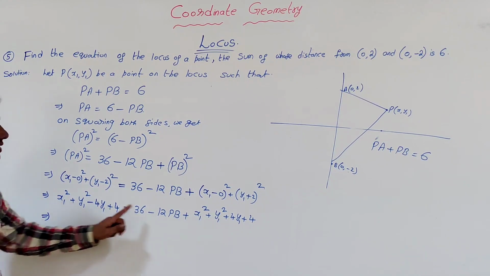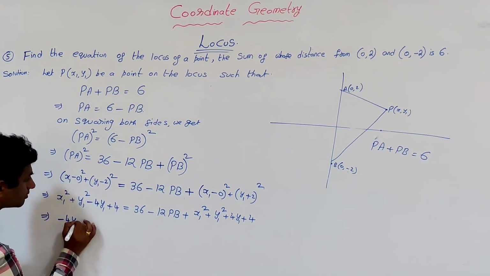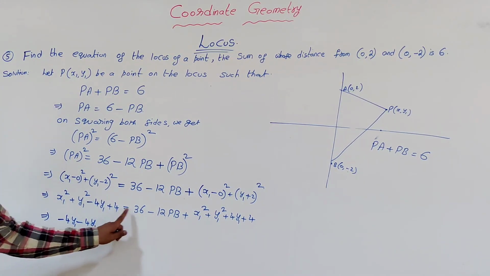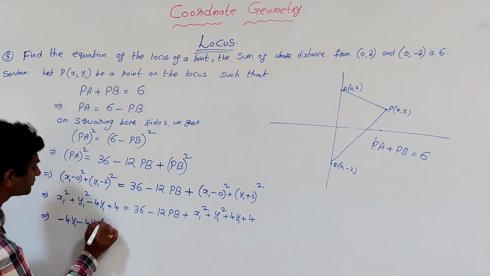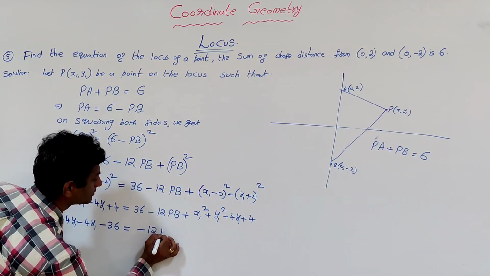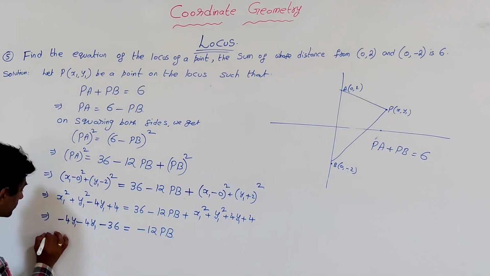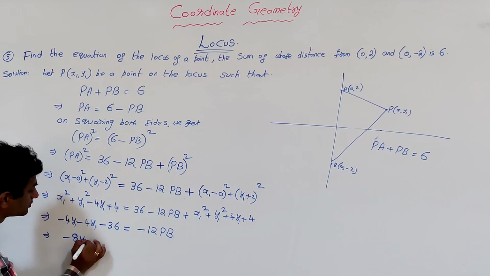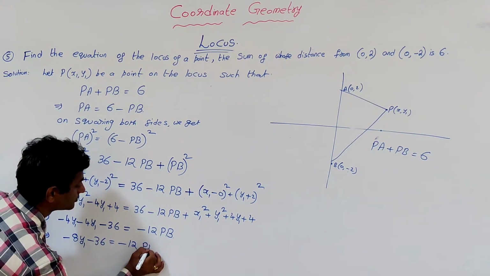Minus 4y1 on the left side, bring this 4y1 to the left side, and the 4 also gets cancelled. And bring this 36 to the left side. So minus 8y1 minus 36 is equal to minus 12 PB.